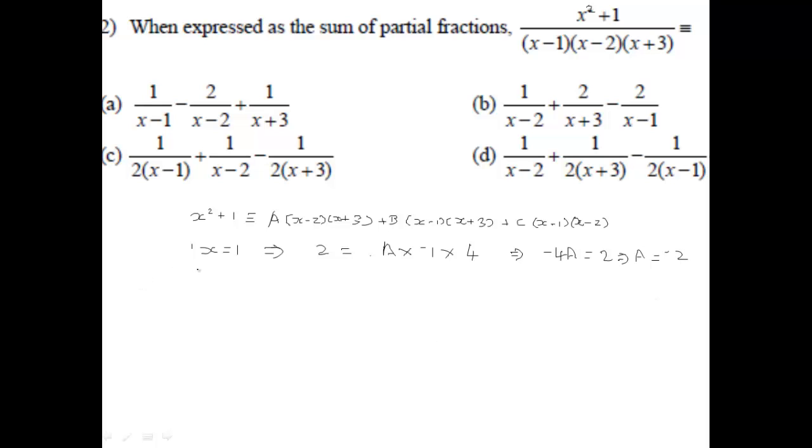If we then make x equal 2, then that gives us 5, 2 squared plus 1 up here.